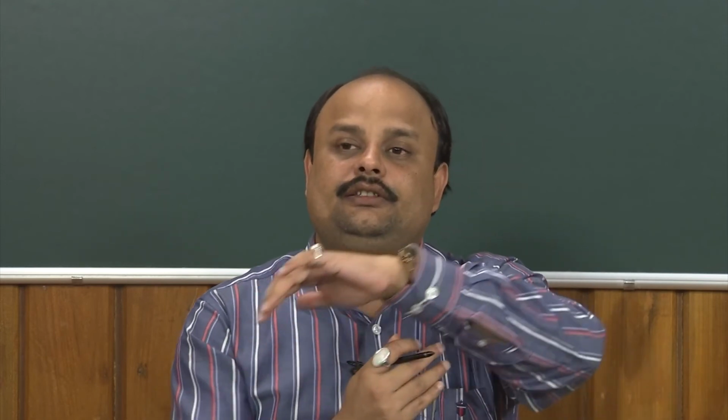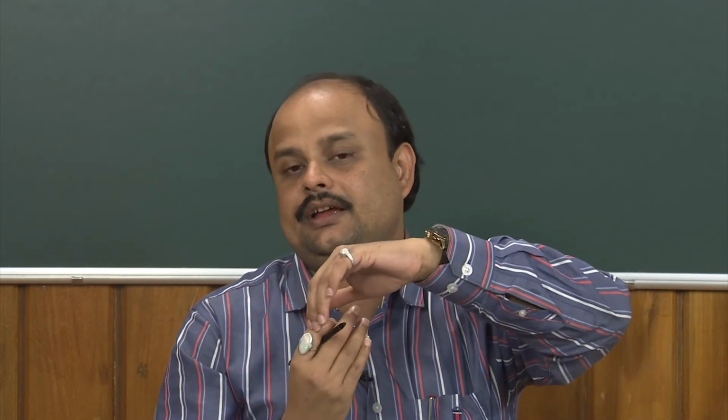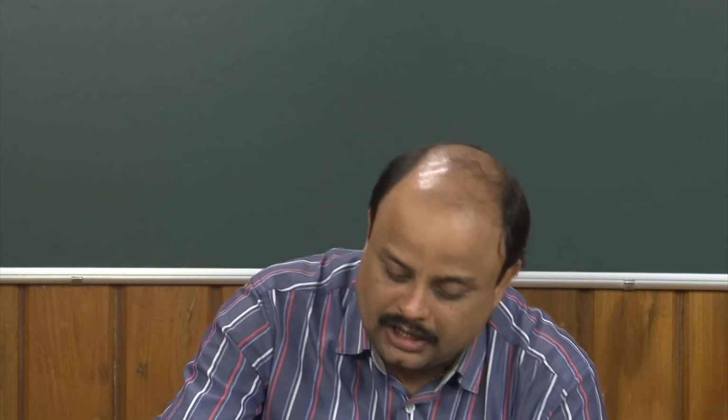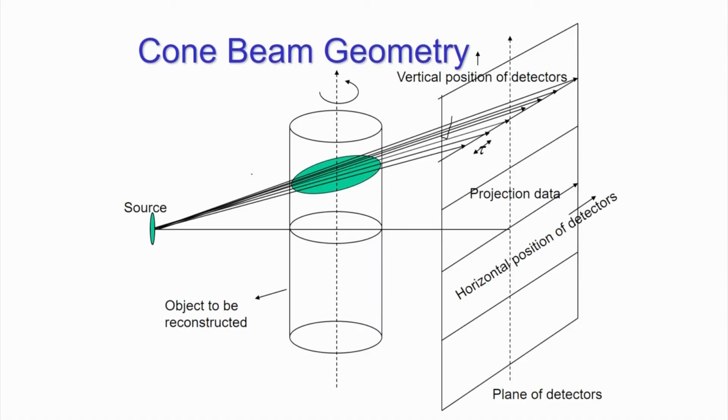Or, if this detector system is very bulky and difficult to move, then we can rotate the column, just like an X-ray, to a small angle or small RPM, and we can scan what is happening inside, and we can have a scanning of all the volume which is changing with R, theta and Z. So, it is going to be R, theta and Z all together. So, that is the cone beam geometry.